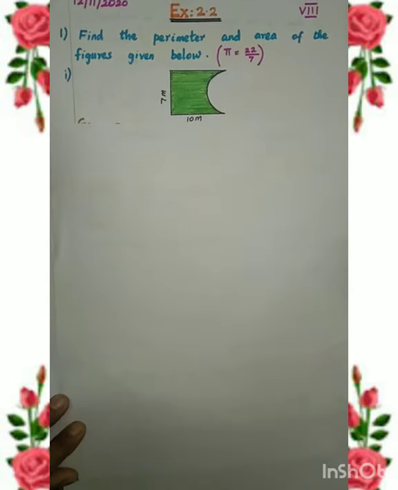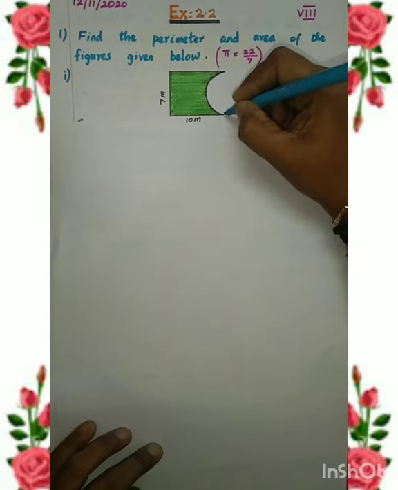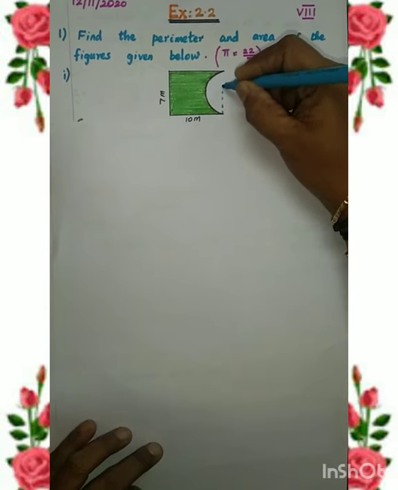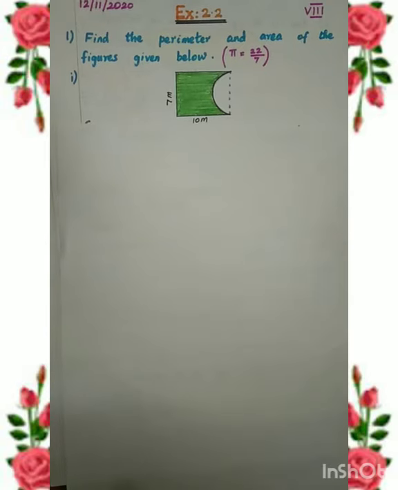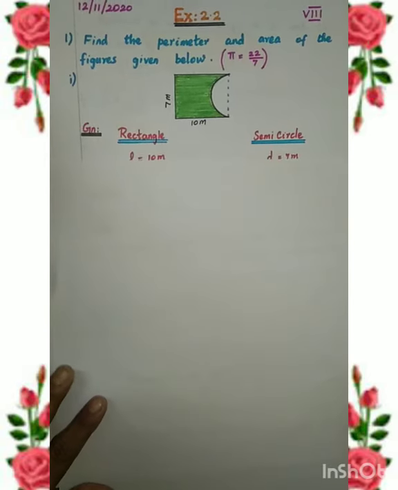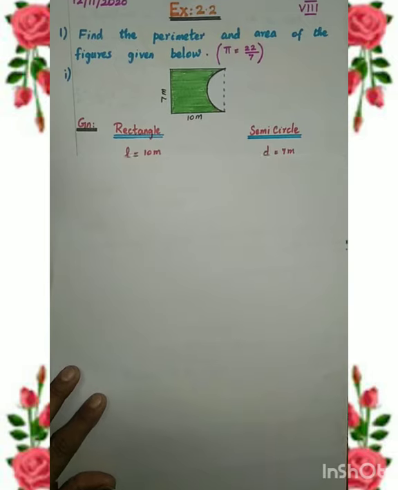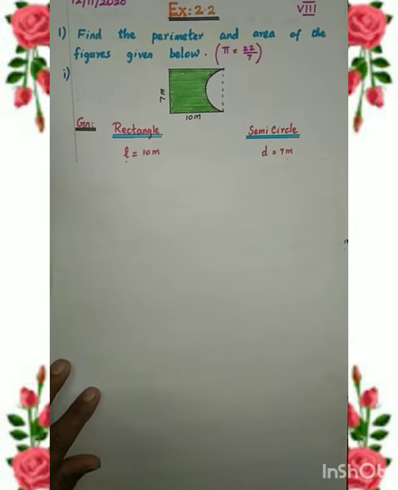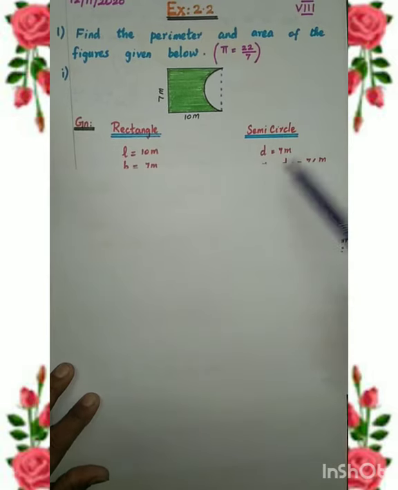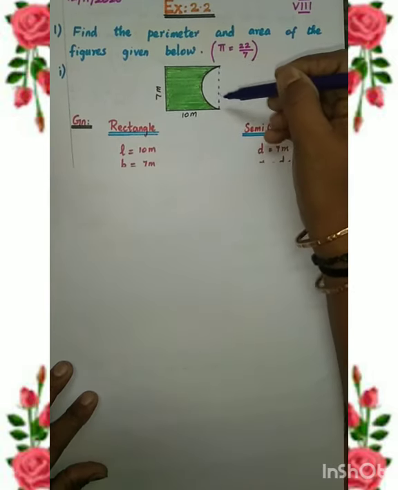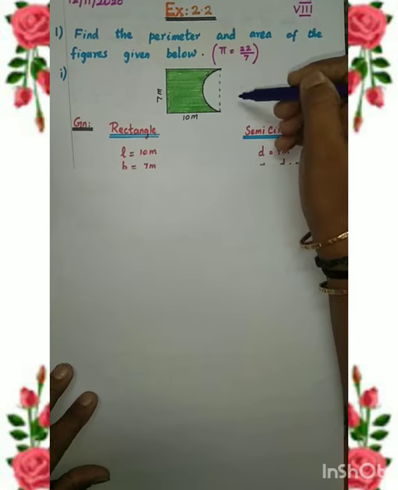If you join this side, it is like a rectangle. So the given shapes are a rectangle and a semicircle. The length of the rectangle is 10 meter and the breadth is 7 meter. In a rectangle, opposite sides are equal.